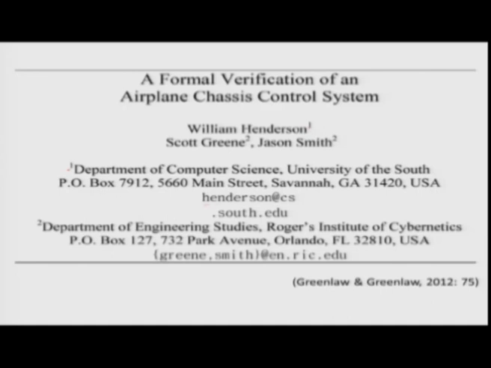Then it also gives the mail ID. Then the other 2, Scott Green, Jason Smith, both have the same superscript number. It means both of them are from the same institute. They are from Department of Engineering Studies, Rojo's Institute of Cybernetics, and then the details. Then there is also mail ID.